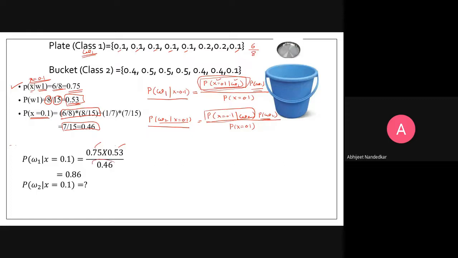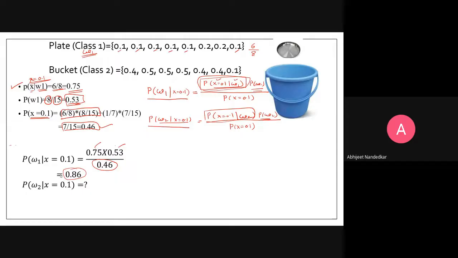Then the denominator is 0.46, which is calculated here. So in total, I know that it will be 0.86. Now this is called the posterior, or the chance that the object which you have measured of diameter 0.1 belongs to omega 1 is 0.86.